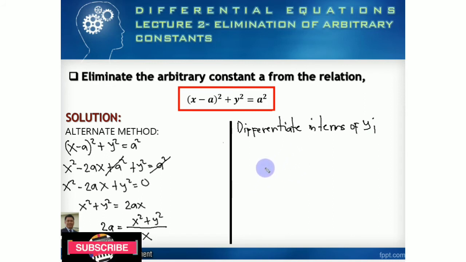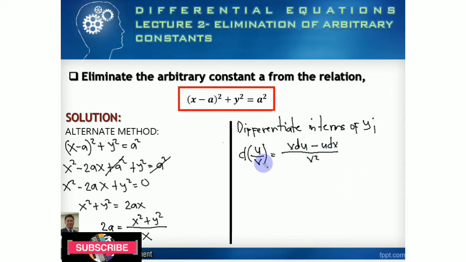So from here, as you can remember from our calculus, if you are going to have the derivative of u over b, this is just equal now to b du minus u db all over b squared.